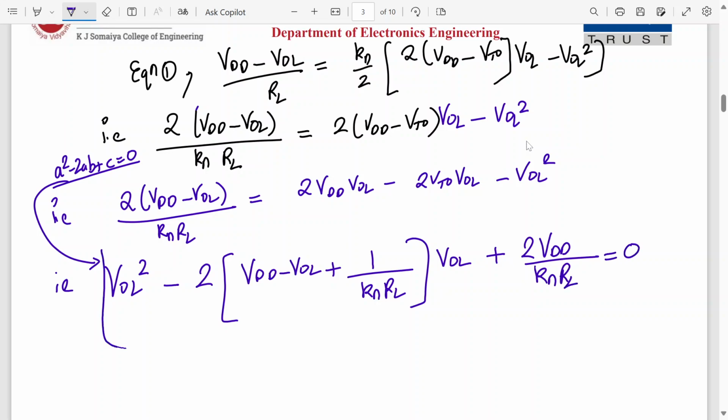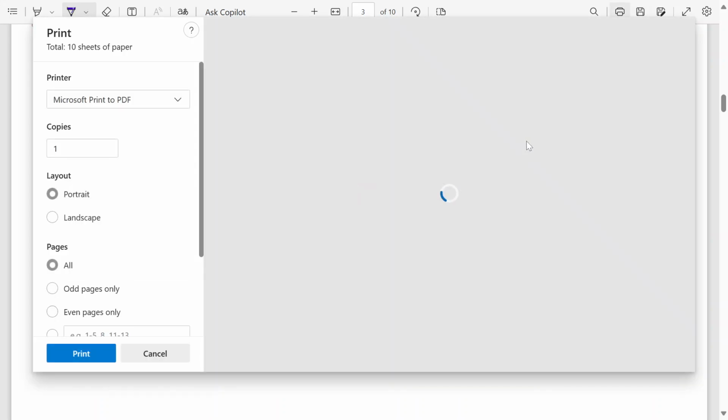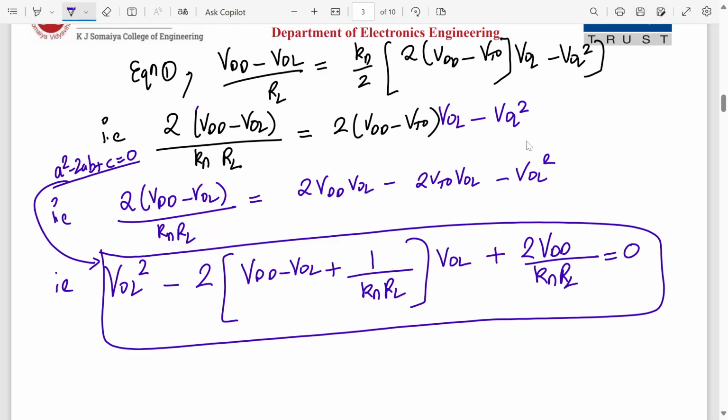Is it making any sense? Just check out this equation. Let's see if it is validated or not. So VOL square is taken care of. Then twice VDD minus VOL, here it is, one time it has come.